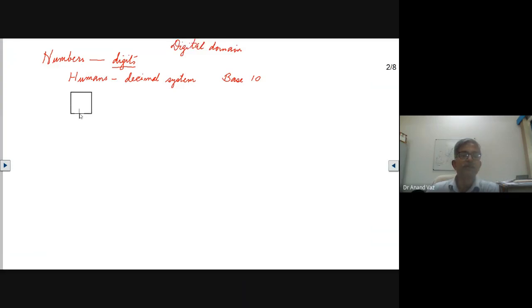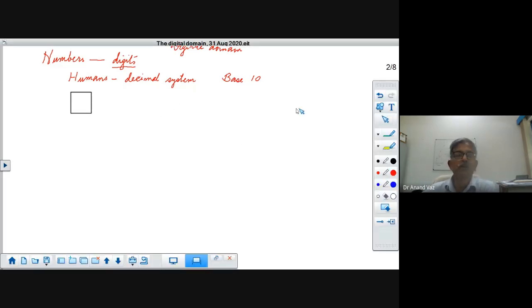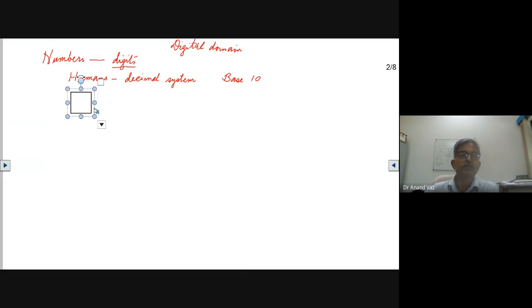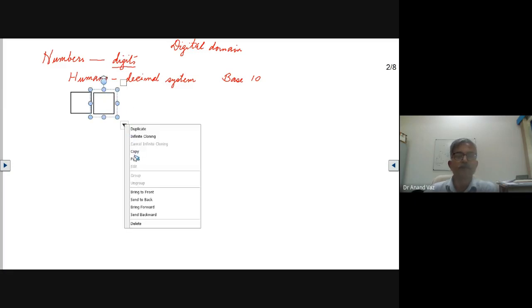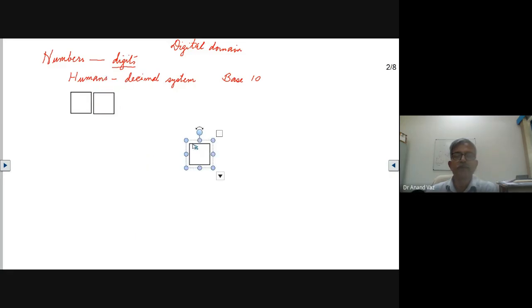I'll represent it using squares. We'll add more squares now. So let's say that we have another square here, and we have yet another square here.